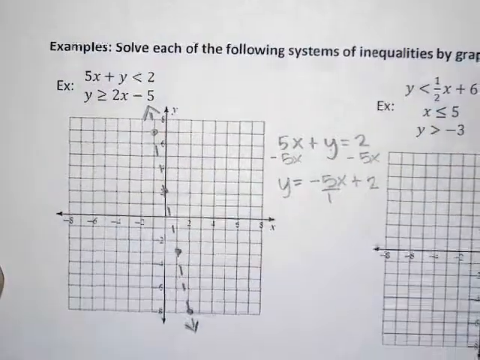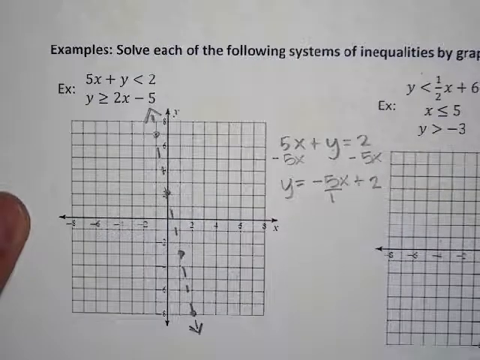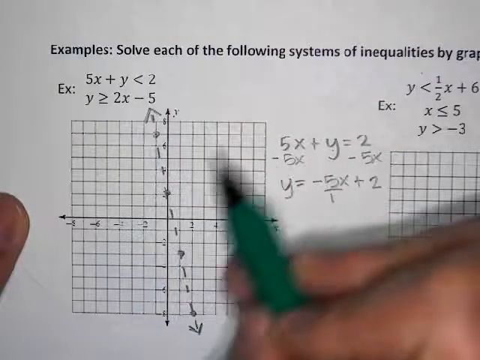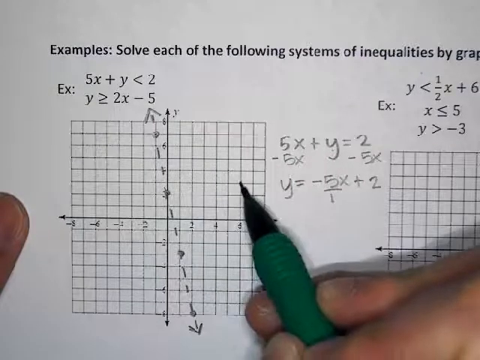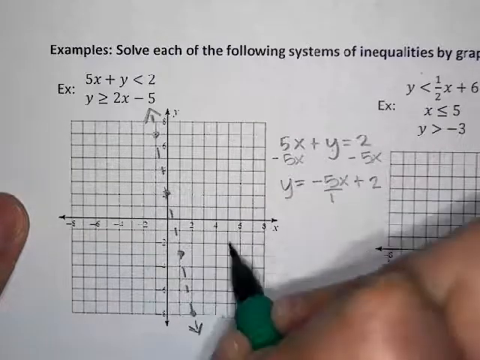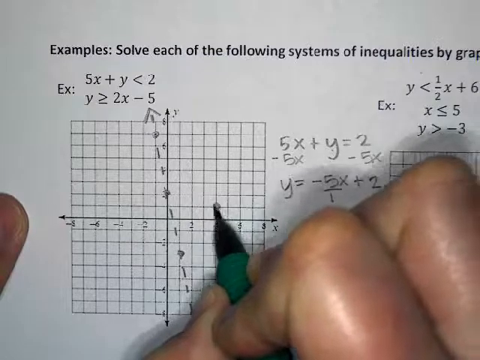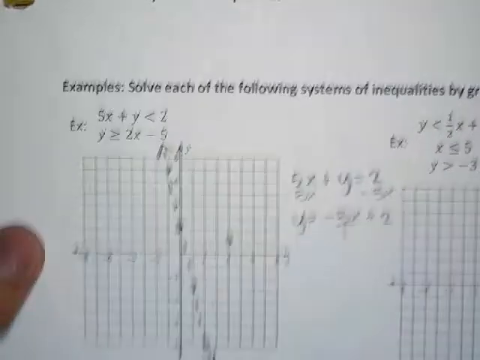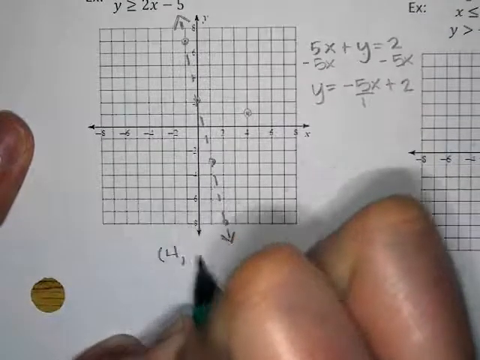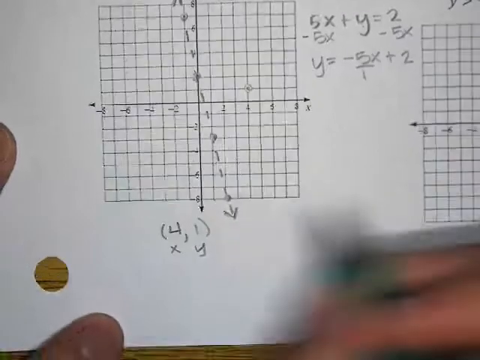And then from there, I have to figure out how to shade this. With my shading, I just need to pick a point on either side of the line. I like to pick points that are over here because the x and the y coordinate are positive, so they're easy to plug in. It doesn't matter which point I choose, so I'm going to choose the point (4, 1) right here. That's 4 for the x coordinate, 1 for the y coordinate. Then I'm going to plug it into the inequality.